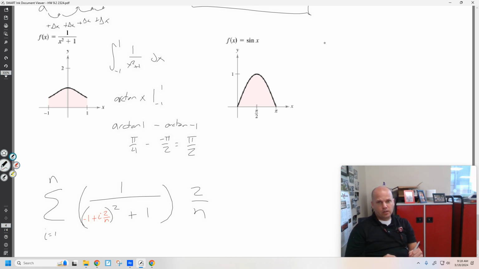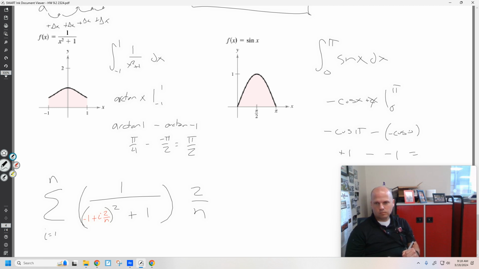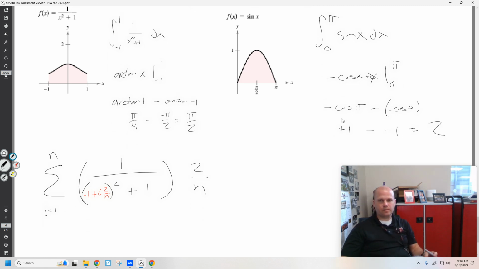Sine is a curve. So if you want to find the area under one hump of sine, you can't use geometry. Geometry can only be done to approximate it. Instead, you could take the antiderivative, plug in pi, plug in 0, and you actually get an answer of 2, which is crazy.